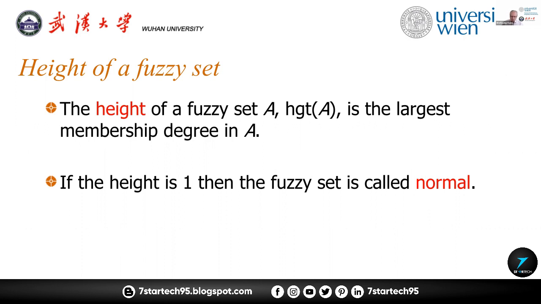We will hear about that later on. The procedure is very simple. You just divide every membership value by the height of the original fuzzy set, then at least you have 1 element that has a membership value of 1. But we will talk about that later on. So that's the height of a fuzzy set.